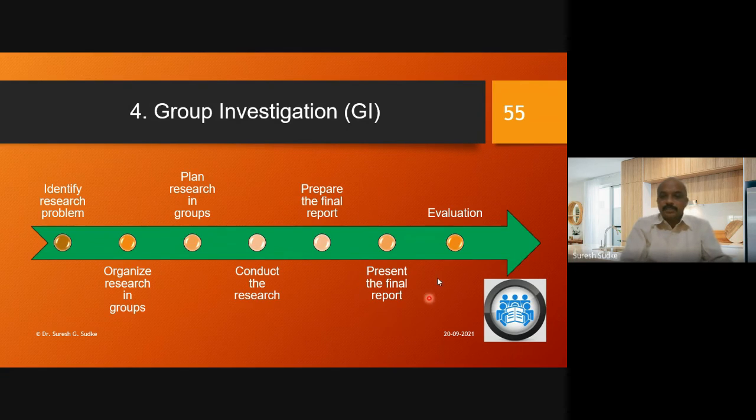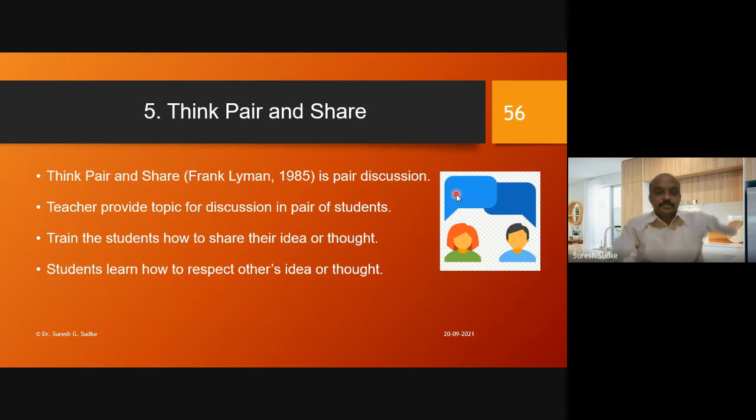They present the final report in front of the class. Then anybody can challenge a particular issue, or the teacher can make a correction in the report after evaluation. So this is the process of group investigation.